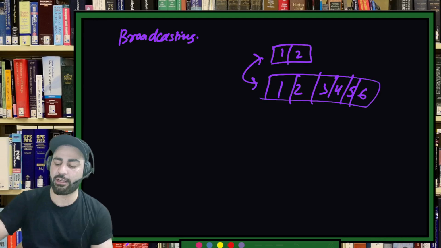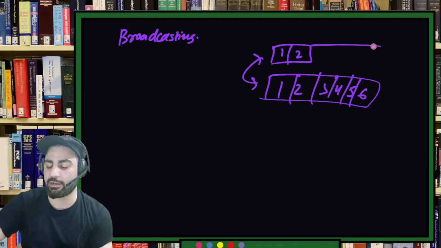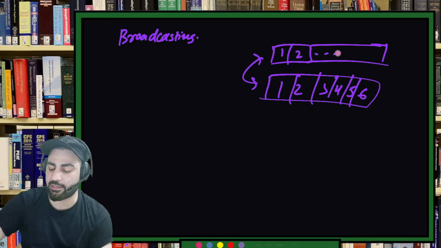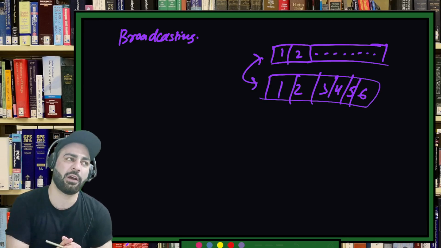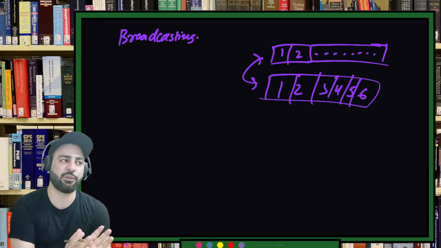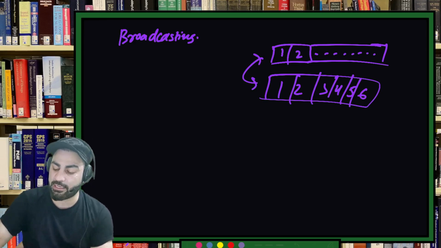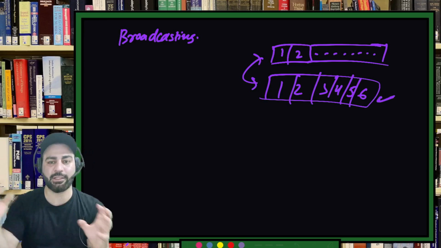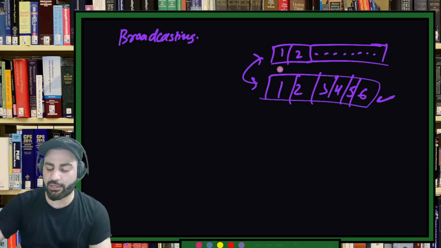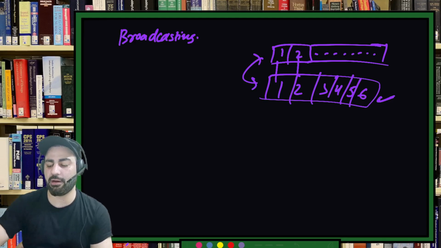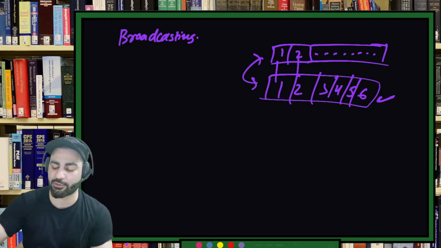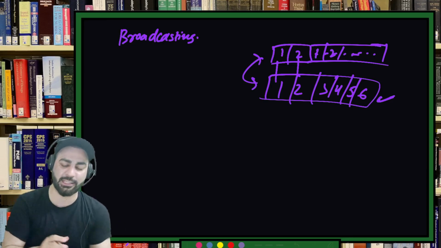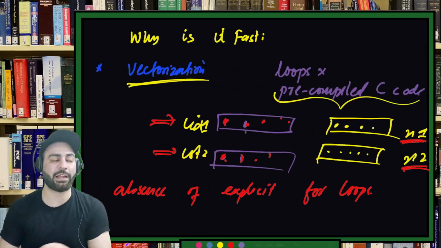So we can have a list with dummy numbers, so that these explicit loops are not needed. We broadcast the size of this to match this, so that you can do the multiplication. There are many types of broadcasting, not just one. You can just repeat 1, 2, 1, 2, something like this. We'll see it in detail.